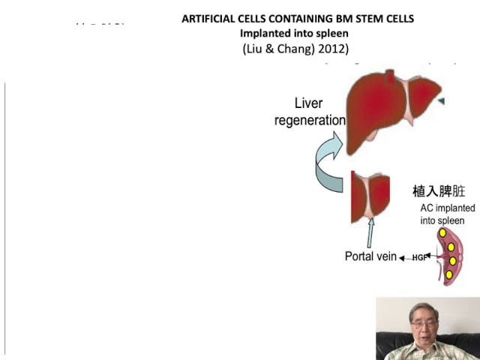This way, it's inside the spleen and functions as a hybrid organ. And this way, the hepatic growth factor is released into the hepatic portal vein and results in liver regeneration. And later, the stem cells transdifferentiate into liver cells and function. The spleen becomes a hybrid liver organ.